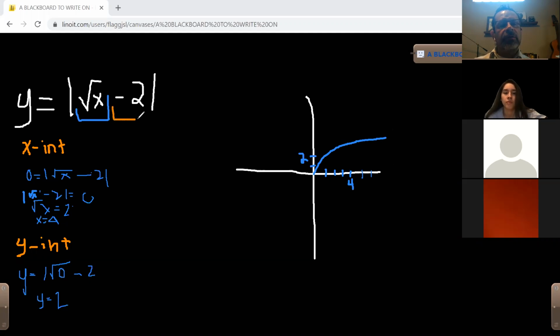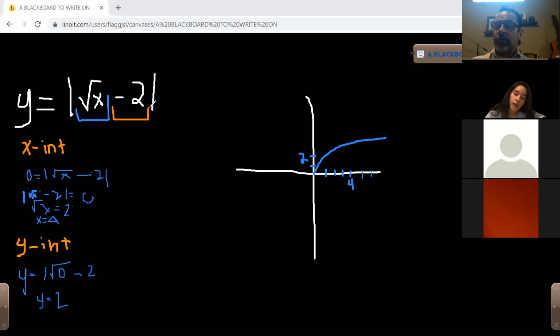We've got a -2. Lisa, what does the -2 do to the graph? Moves to the right. No, because it's outside of the square root. If it were inside the square root, it would move it to the left or to the right, but it's outside of the square root.